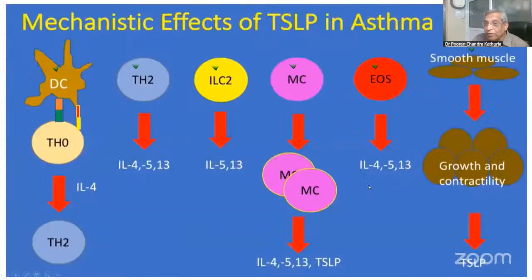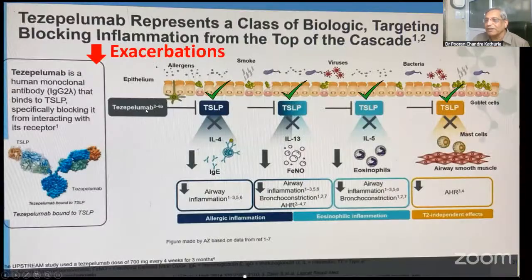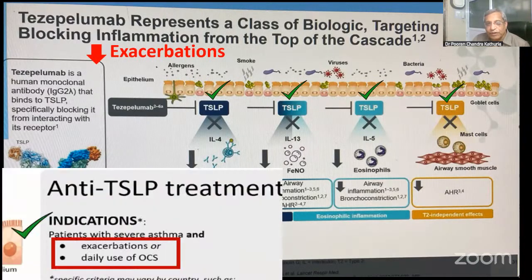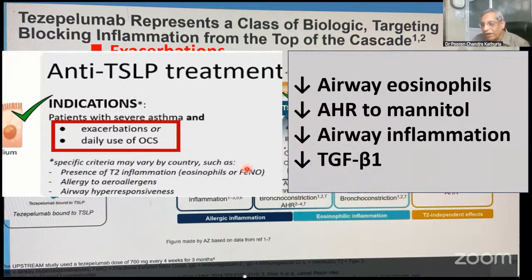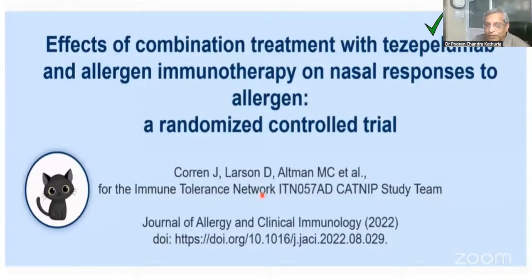Now studies are going on that if we hit this TSLP, irrespective of whether the patient belongs to high T2 inflammation or non-T2 or low T2 inflammation, it is going to help in exacerbations. Studies are there and it is coming. Unfortunately, we don't have it yet, but the only indication is for those patients who are having recurrent exacerbations and need of OCS, and it is also active in AD. Again, whether this is going to help in remodeling, we still need to see.